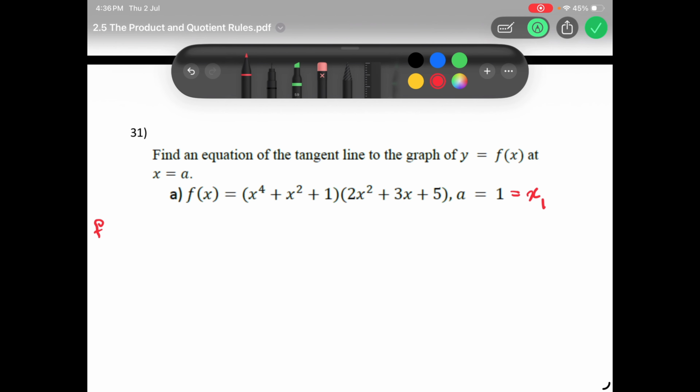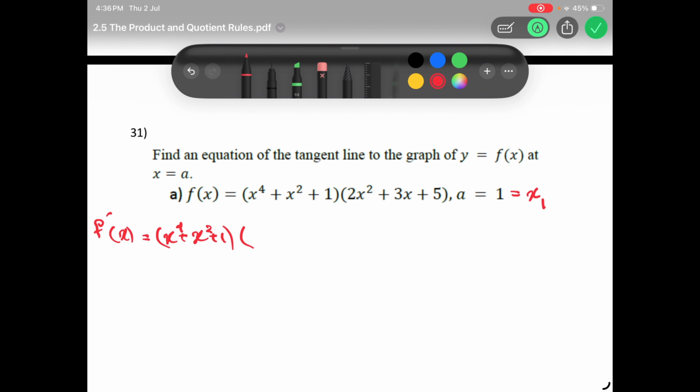So f prime of x, I will apply the product rule, so it will be the same function first as it is, x to the 4 plus x to the 2 plus 1.